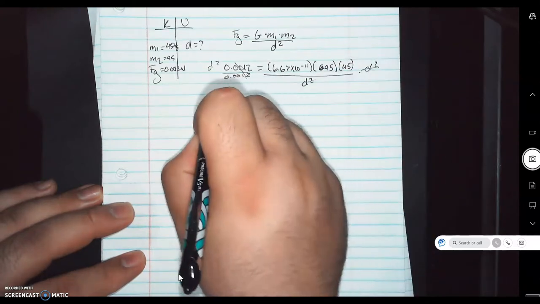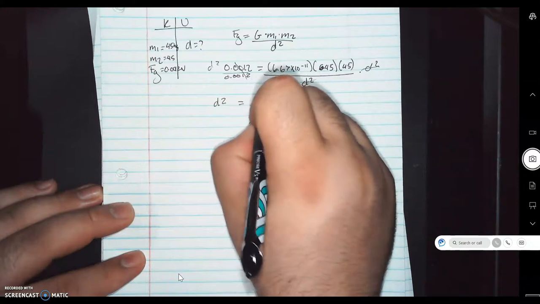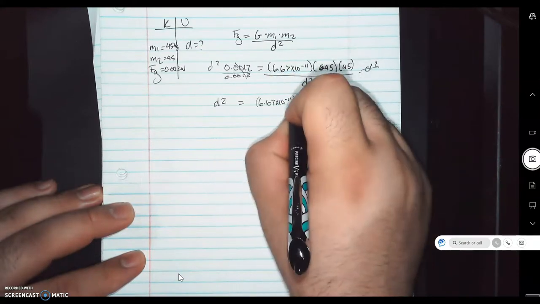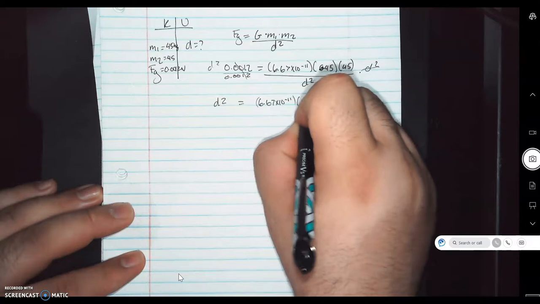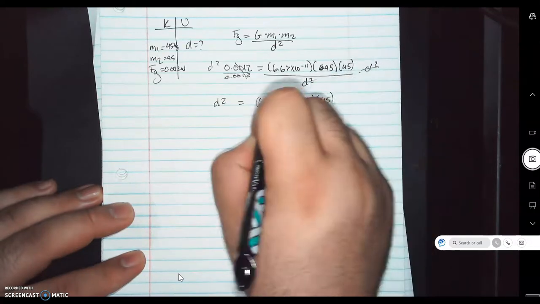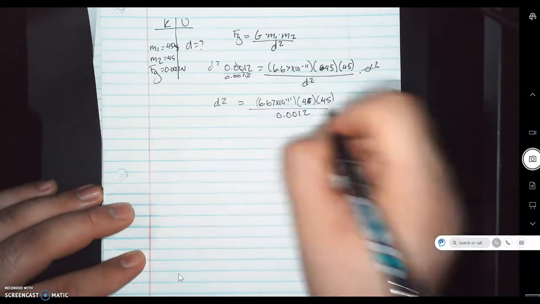So the new formula would be d squared is equal to 6.67 times 10 to the negative 11th times 45 times 45 divided by 0.0012.